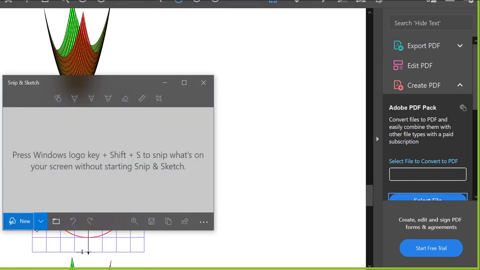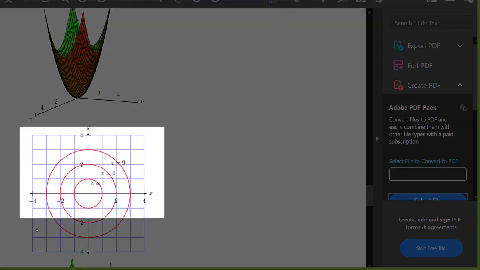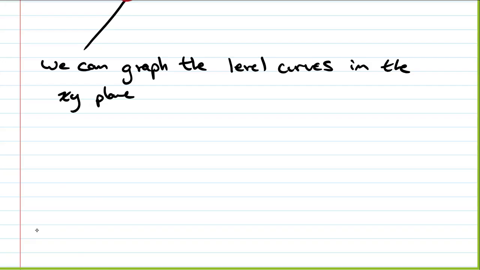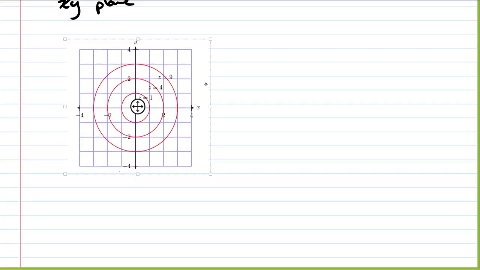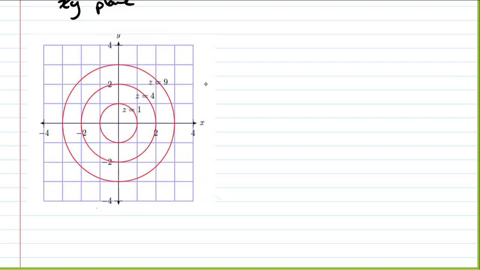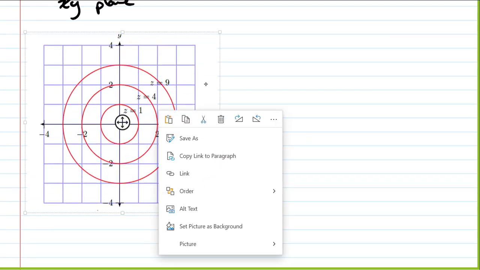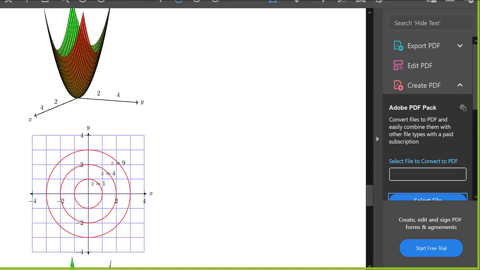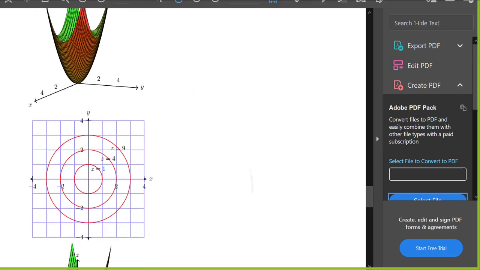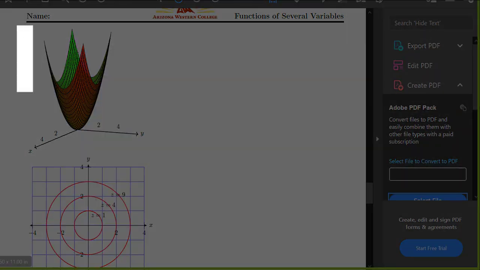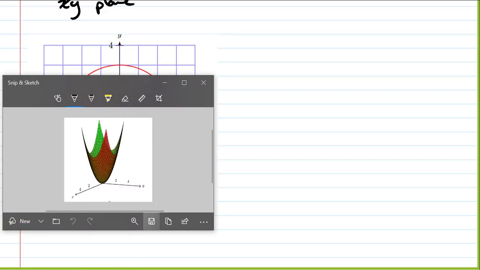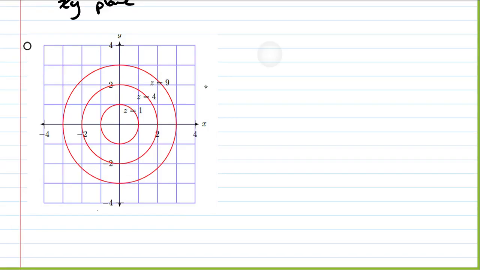If you go to the next page in your notes, I actually plotted a few of these points here. And let's make a comparison to the other picture that I included, which is an actual three-dimensional graph of the surface we're talking about, because these things are notoriously difficult to draw by hand.